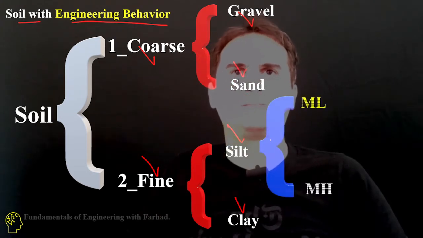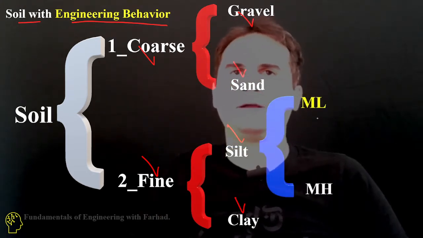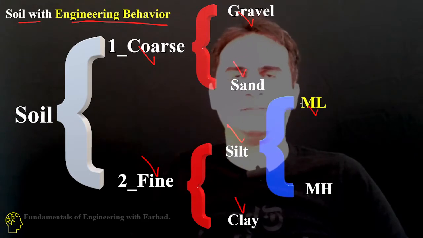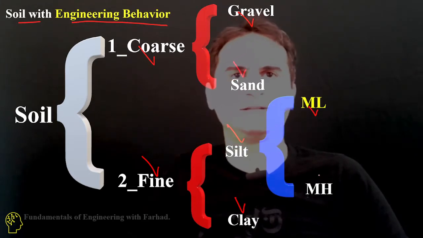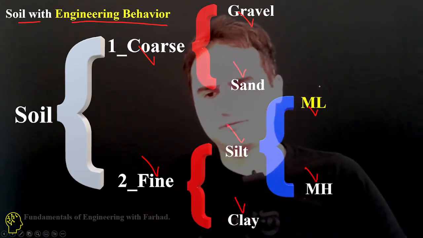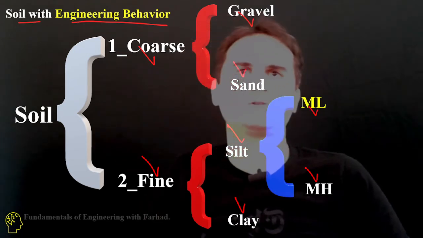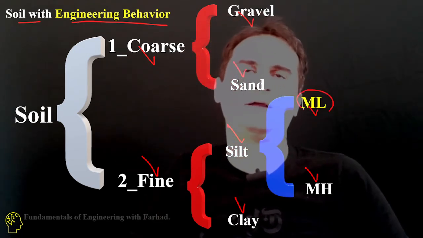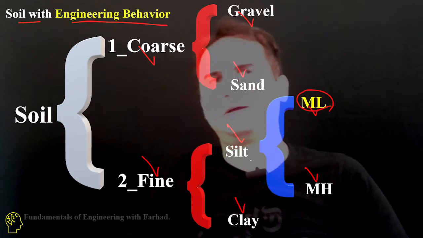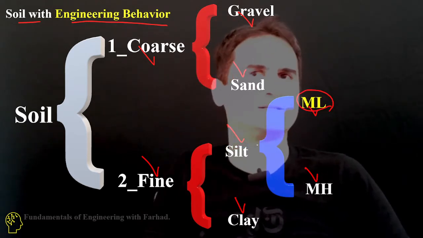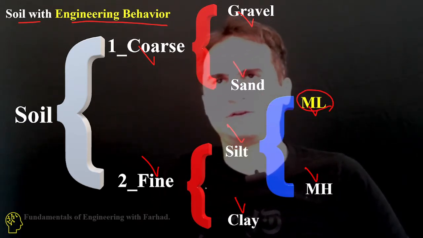We show silt by ML, where M stands for inorganic silt, and MH, where H stands for high plasticity. Most of the silts, though, are ML, which is low plasticity silt in fine-grained soil.